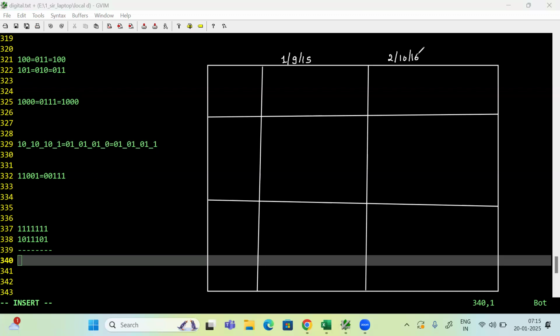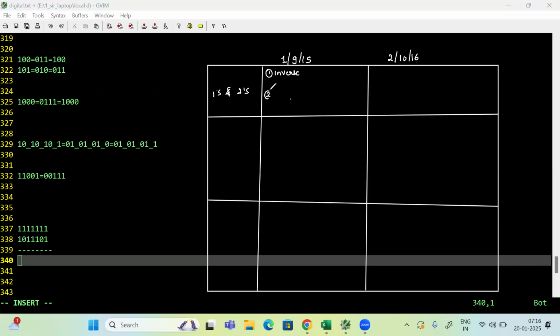This is the table for one's and two's complement. One's complement I'll write here, 2's complement I'll write here. One's complement, how will you do it? First tell me, what is the way you have? Inverse the number. The first method is inverse, correct? Do you agree? Inverse is enough, right?